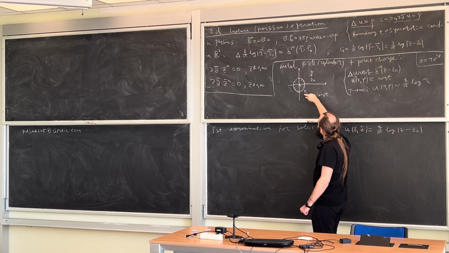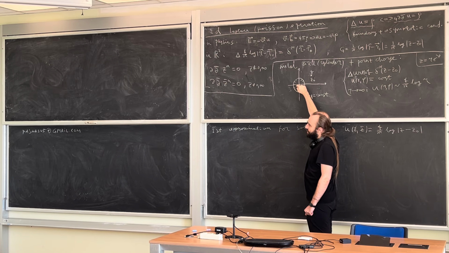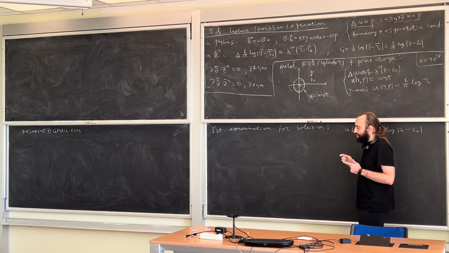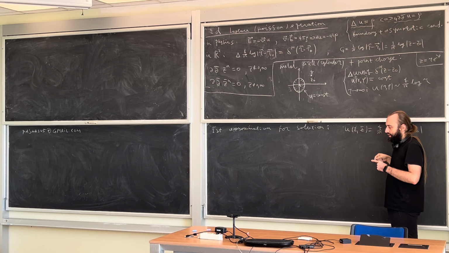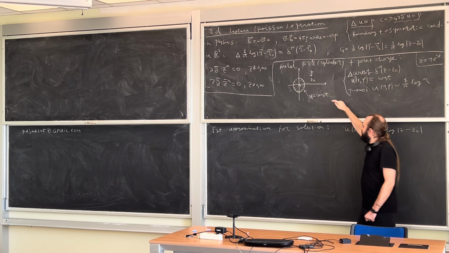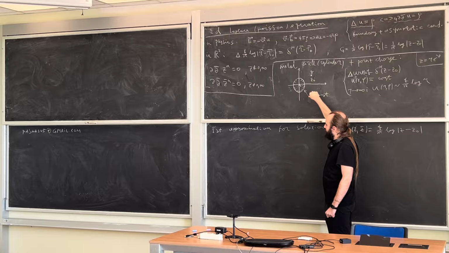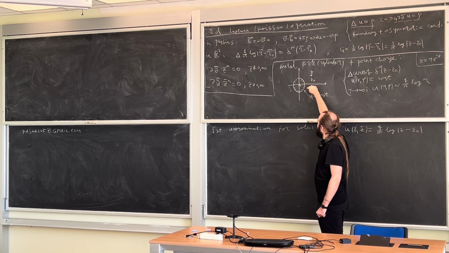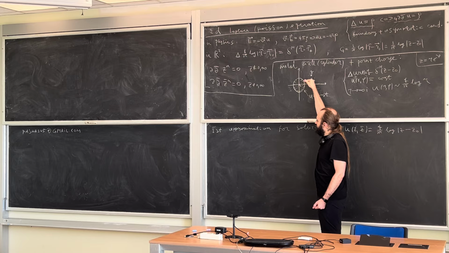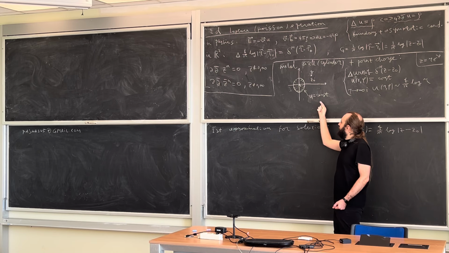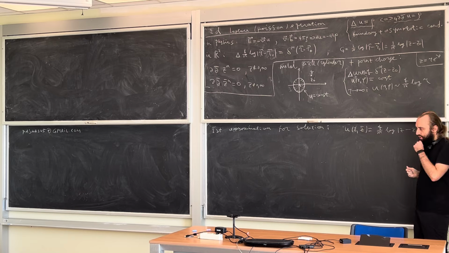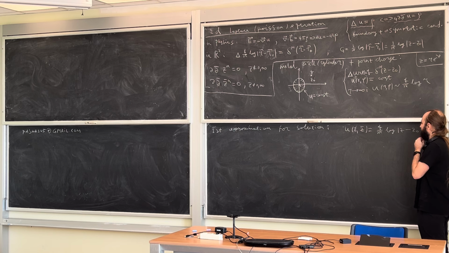We can see what happens when we restrict this function to the unit circle, because then we can try to add another solution to this equation that does not have any charges outside the unit circle, but which has this precise boundary condition, which can cancel the boundary conditions in our problem.